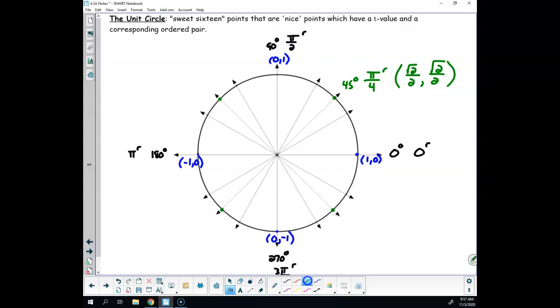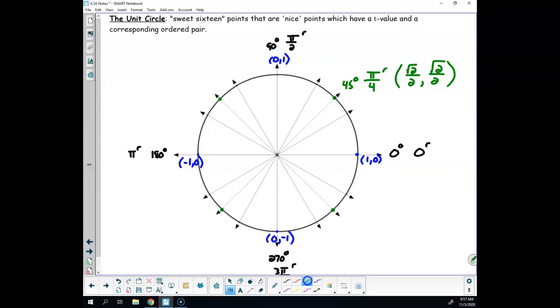For the point. So the cosine at that point would be the square root of 2 over 2. The sine at 45 degrees, or pi over 4 radians, would be the square root of 2 over 2. The tangent would be 1. Okay? Because y divided by x, they're the same, so the tangent is 1. Okay?